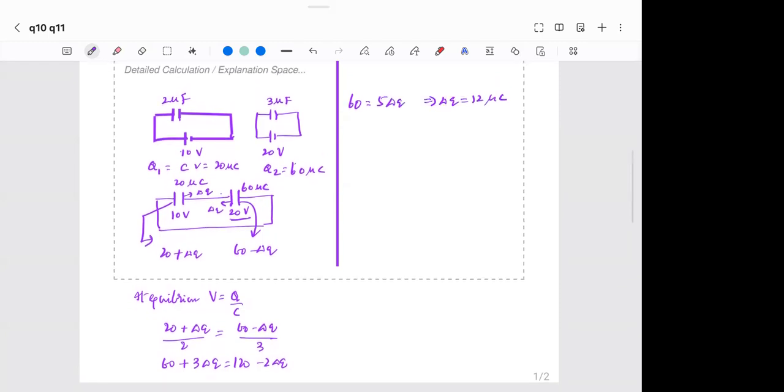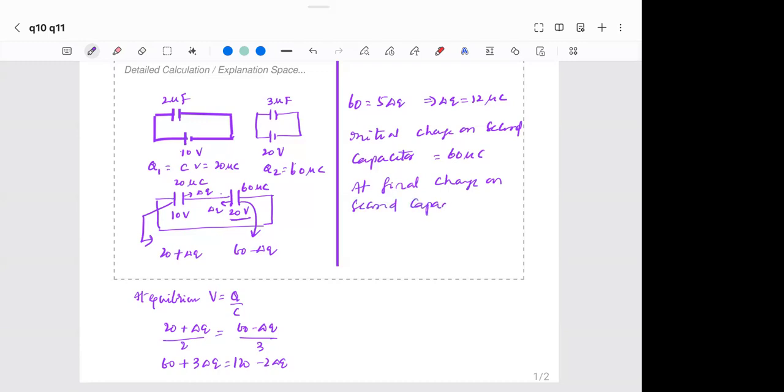So that means the initial charge on the second capacitor is 60 microcoulombs. At final, when they reach common potential, charge on the second capacitor is 60 minus 12, 48 microcoulombs.